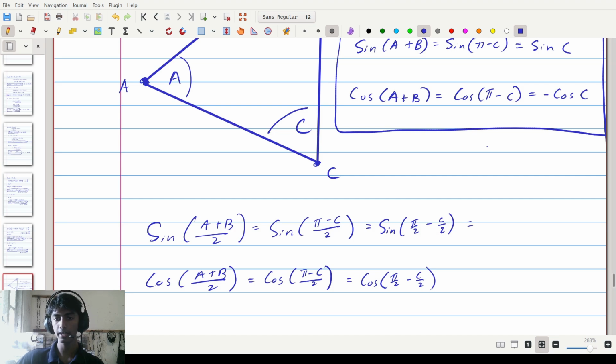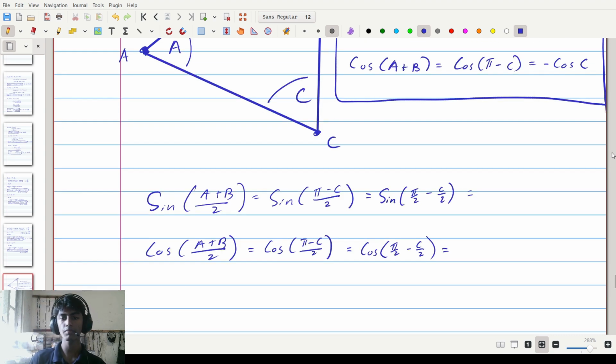So now recall again in the trigonometric identities video within the circular functions, lesson number 5, that when we had sine of 90 minus an angle, it was simply equal to the cosine of that angle. So this is actually equal to cosine of C divided by 2. Similarly, recall cosine of 90 minus an angle was equal to the sine of that angle. So this is equal to sine C divided by 2.